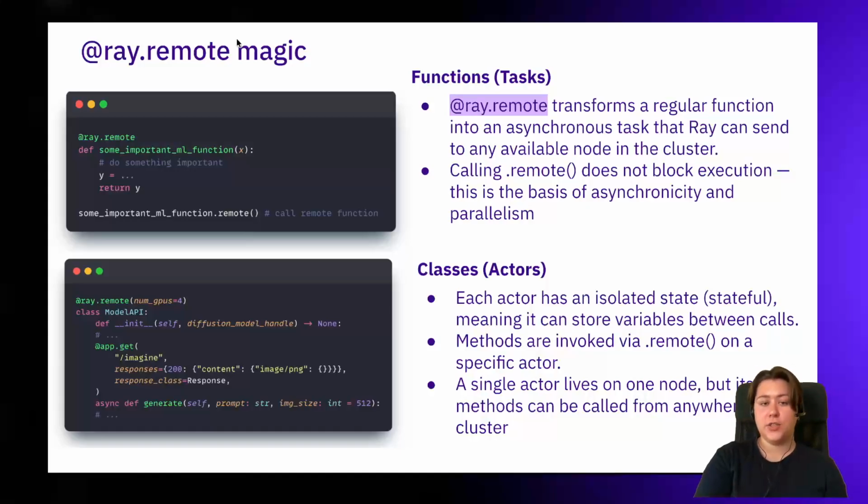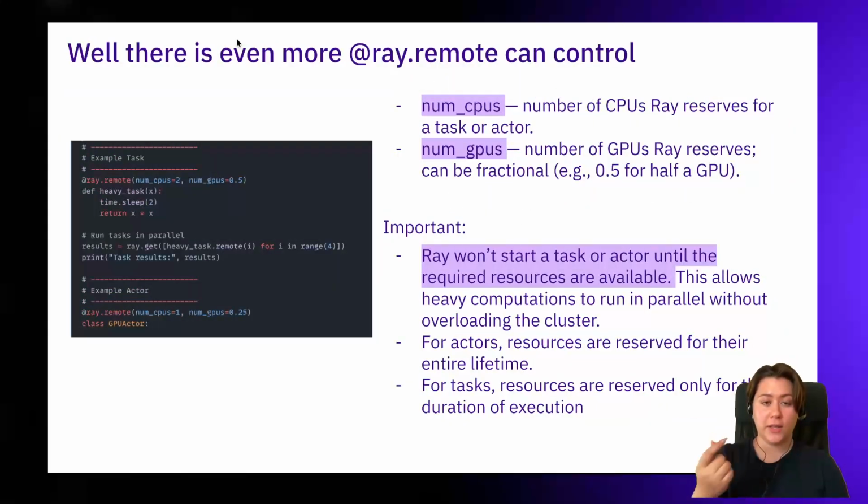After that, your classes become distributed classes where you can define how many GPUs are required for one or another class to be used. For example, you can define how many CPUs your model needs to start, or GPUs as well. You can also give it as a fraction, for example, 0.5 of a GPU is also understandable for Ray.